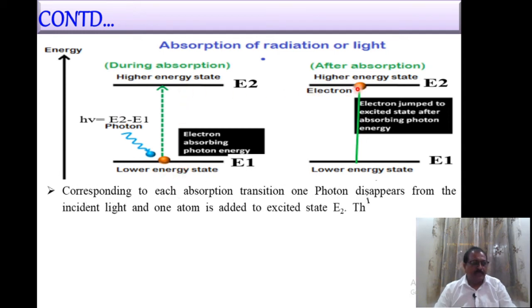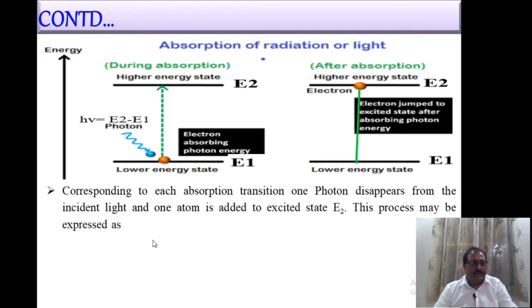This process may be expressed as follows. Suppose A is the atom in the lower energy state E1, and A star is the atom in the excited energy state E2.